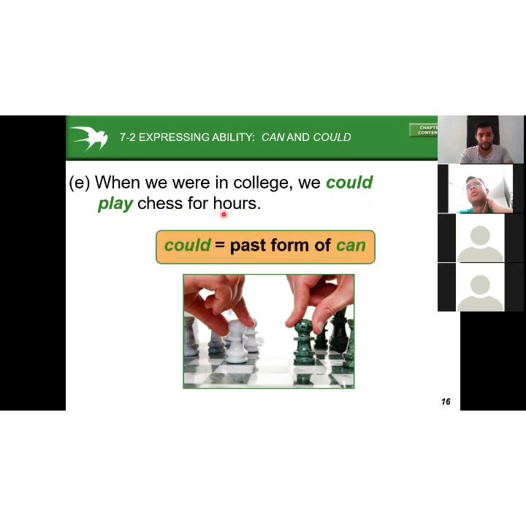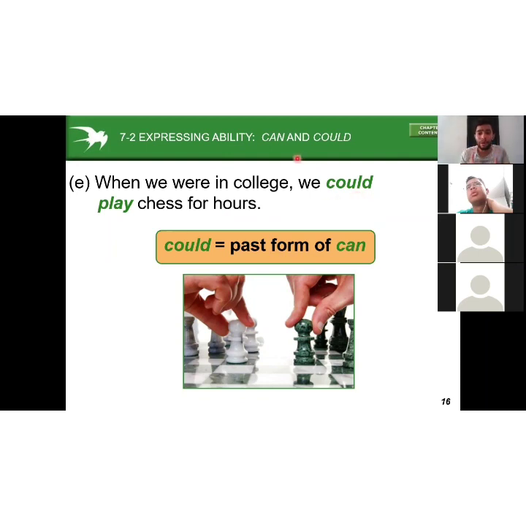Someone asks: is could the polite form of can? Yes and no. Now we are talking about ability, and when we talk about ability, could is just the past form of can. So we use could for the past tense, and can for the present tense.